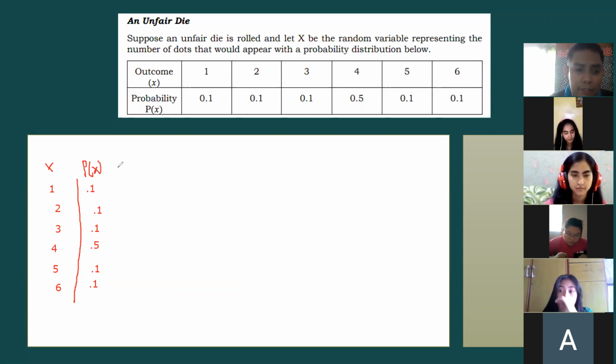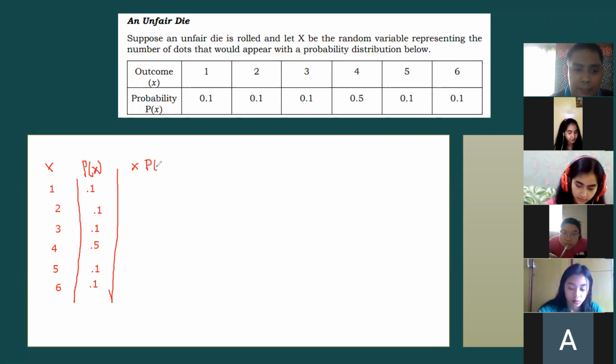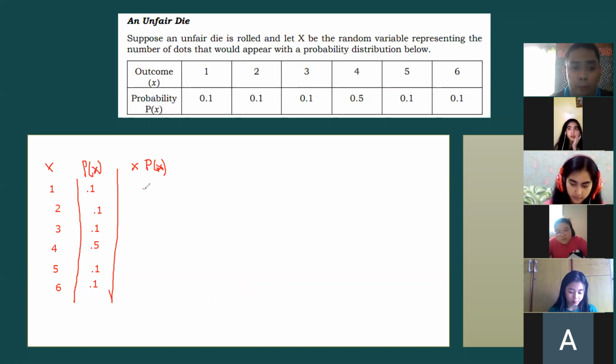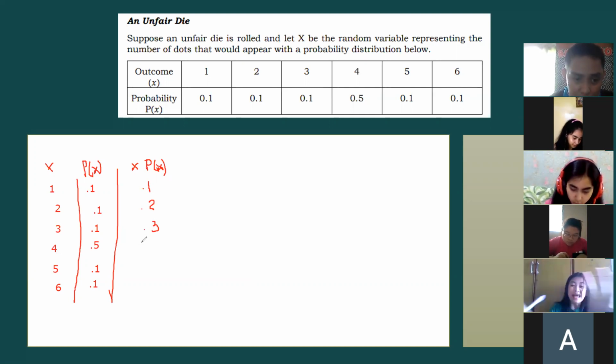Okay? So let's continue. Let's find the mean. So that will be x times p of x. So 1 times 0.1 will be 0.1. 2 times 0.1 will be 0.2. 3 times 0.1 will be 0.3, if I am not mistaken. 4 times 0.5, that will become 2. 5 times 0.1 will be 0.5.